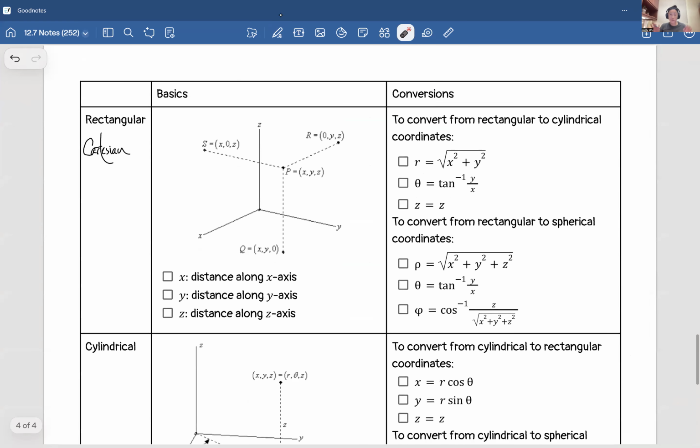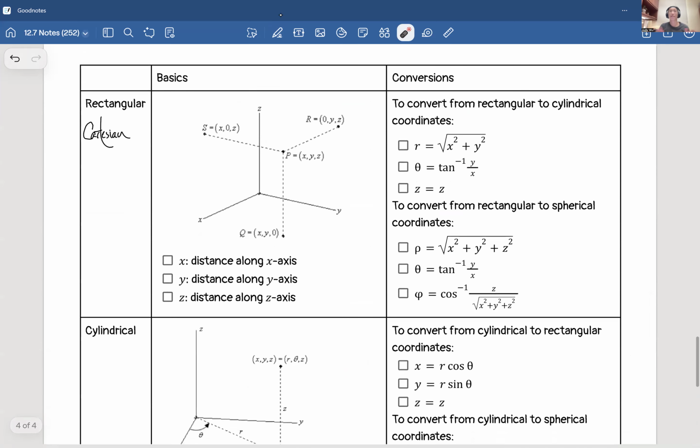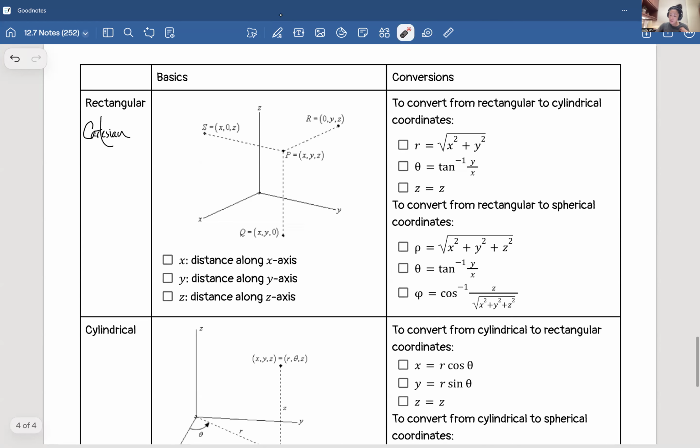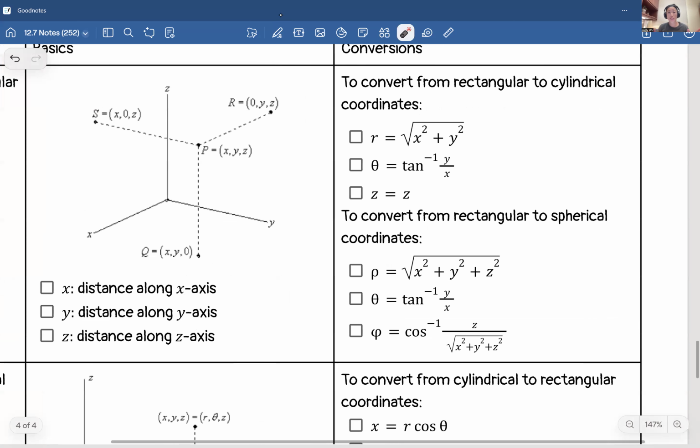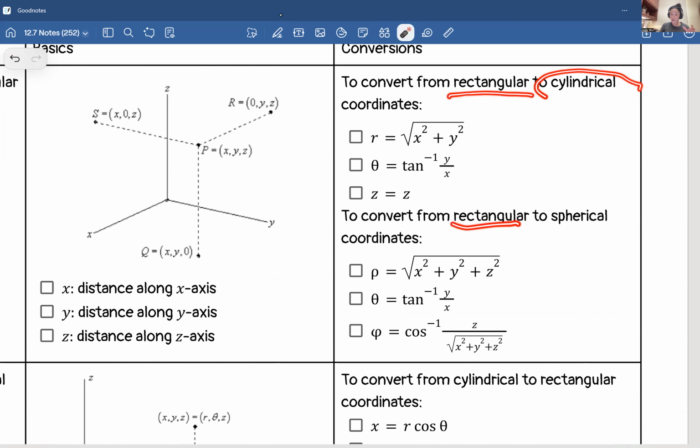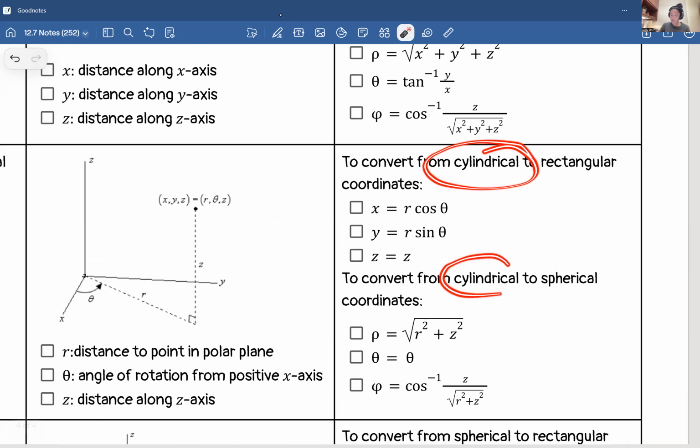But in addition to sort of knowing these coordinate systems, it's going to be really helpful to convert between the coordinate systems, okay? So I don't want to talk about these too much in detail. You can look at them on your own graphic organizer, but I've included if you're starting from rectangular, how do you get to cylindrical? How do you get to spherical, okay? If you start in cylindrical, how do you get to rectangular?